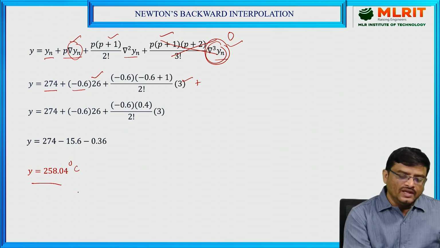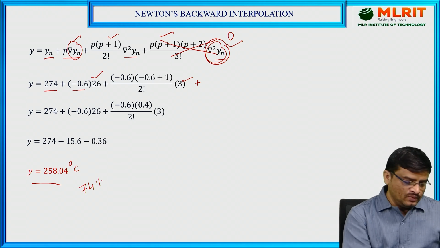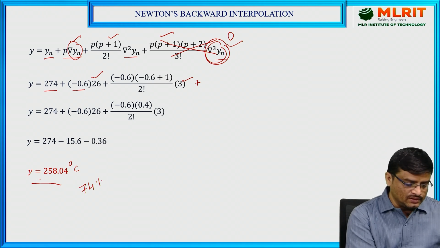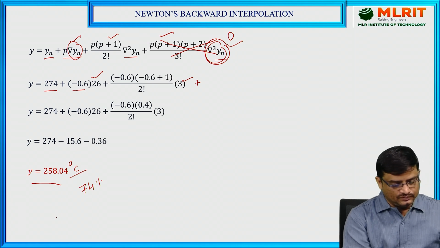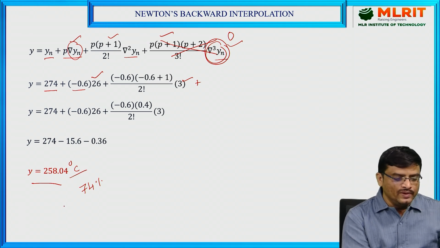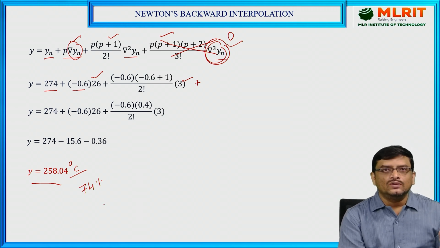So in the alloy, if you want to get 74 percent of lead in that particular alloy, we have to maintain the temperature at 258.04 degrees. This is how we can apply Newton's backward interpolation. The main thing is, whenever the x value lies at the ending of the given table, then we can go for Newton's backward interpolation.